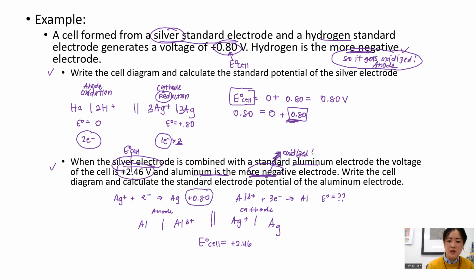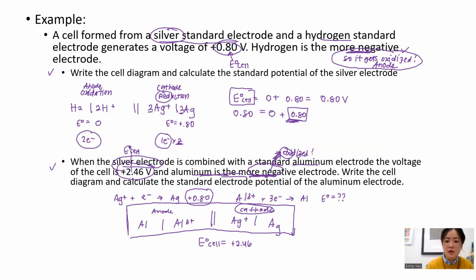I know that aluminum also is more negative. So this is where we are going to have oxidation happening. Actually, I messed that up, I was looking right above, which is confusing.